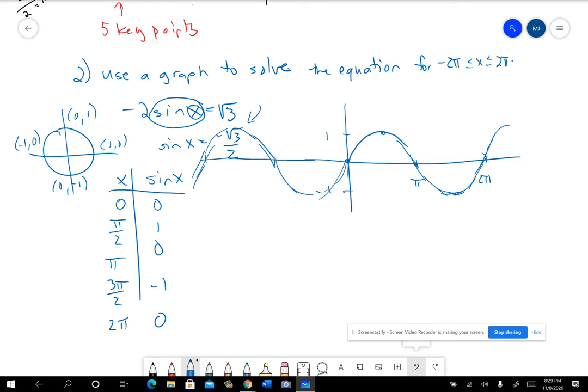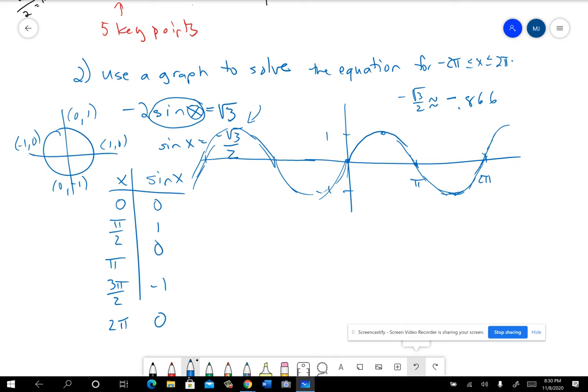Now, that negative square root of 3 over 2, the decimal for that would be helpful just for me to get the picture on here. So negative square root of 3 over 2 is around negative 0.866, negative 0.9.